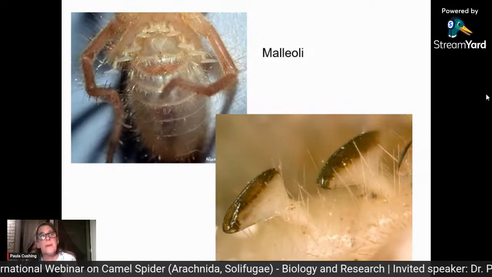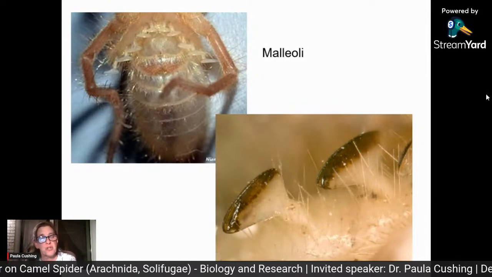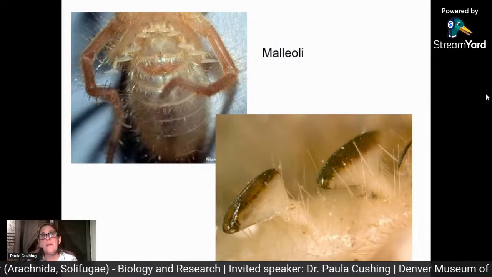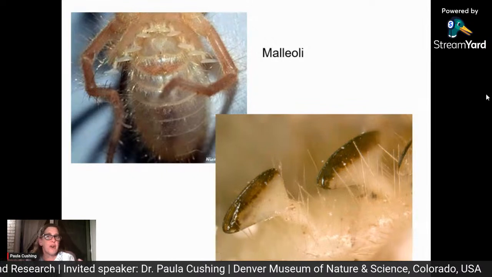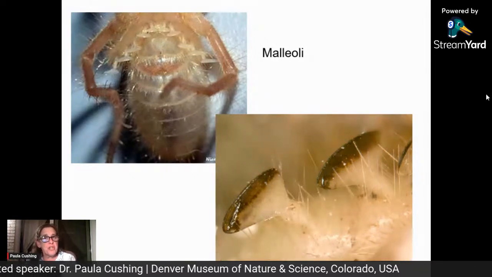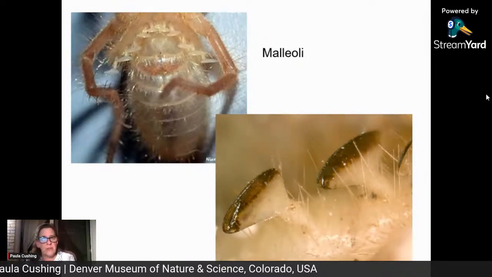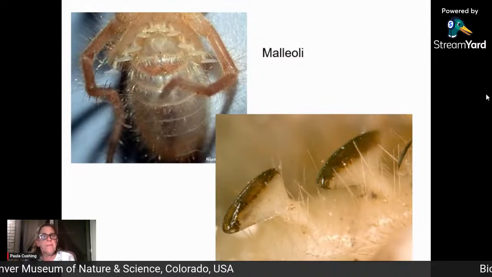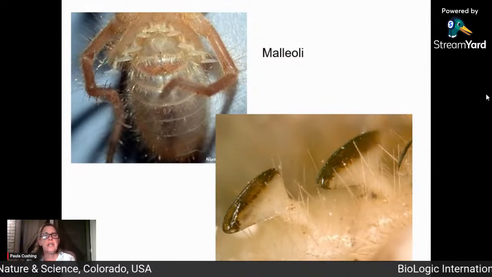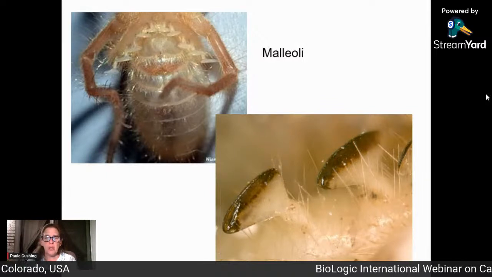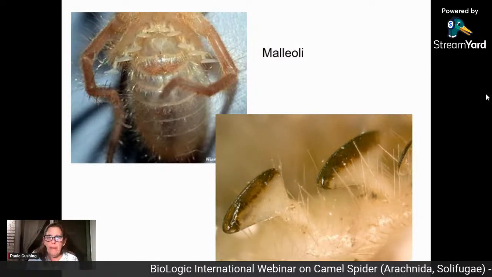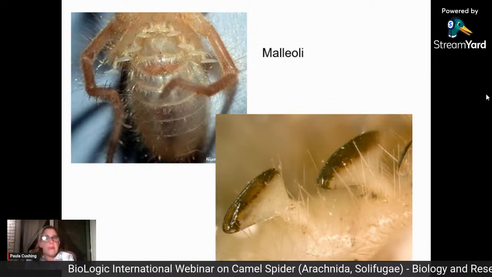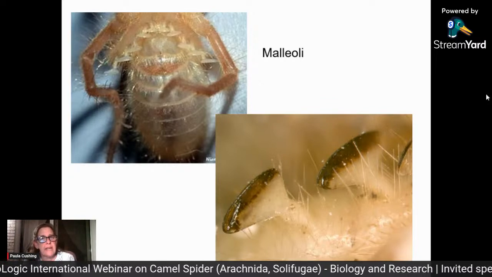Another student, Kyle Conrad, was doing some field research with me when he noticed all these little juvenile, third instar Solifugae running around in a sand dune area. As Kyle watched, the baby Solifugae would run, then stop, back up, and start digging in the sand.